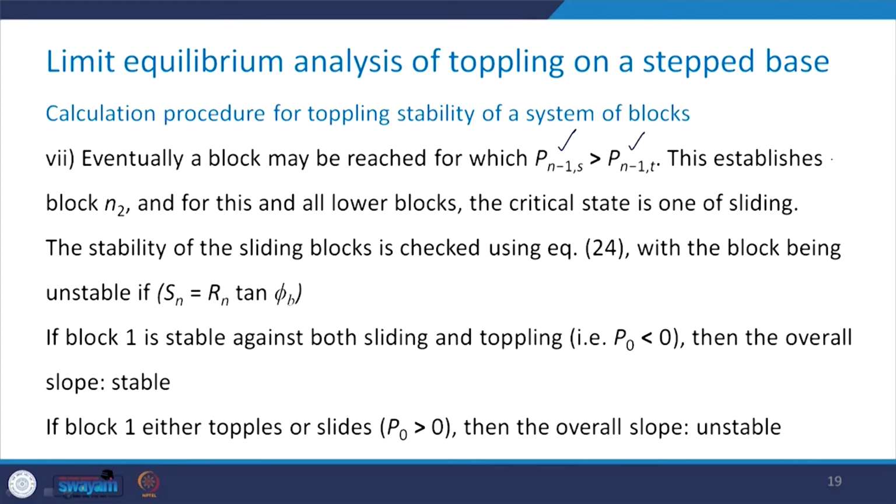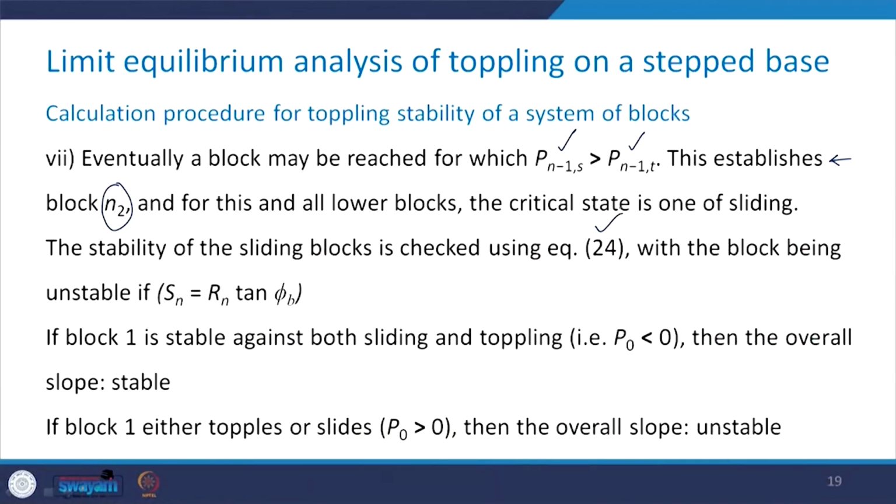So, this will establish the block N2, and for this and all the lower blocks, now the critical state is going to be that of sliding and not toppling. So, the stability of the sliding block is now going to be checked by using equation number 24, with the block being unstable if Sn is going to be equal to Rn tan of phi b.